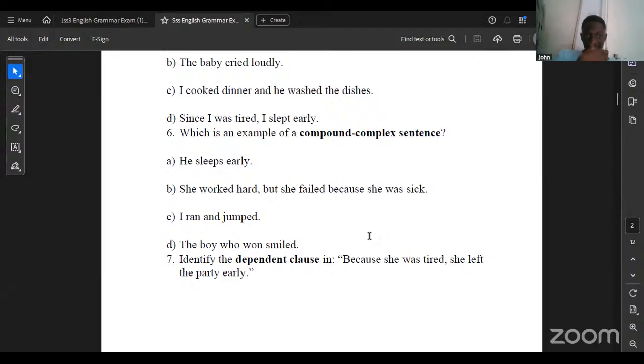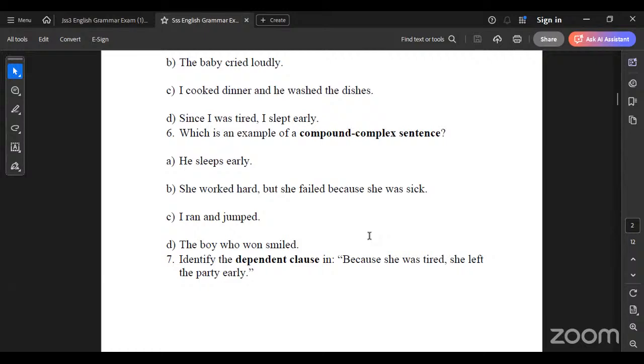It's B. It's B, but did you guess? No. Okay, so can you try to explain why you think it's B? Because it has "but" and it also has "because."